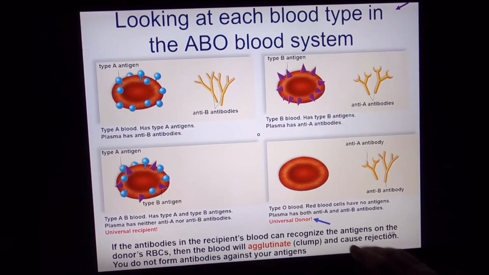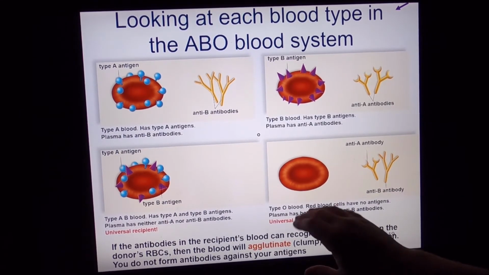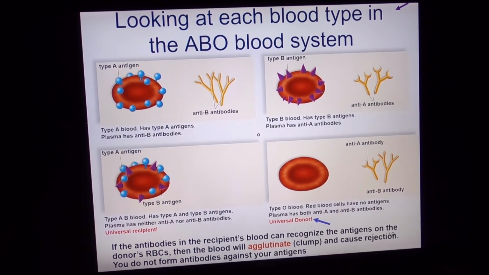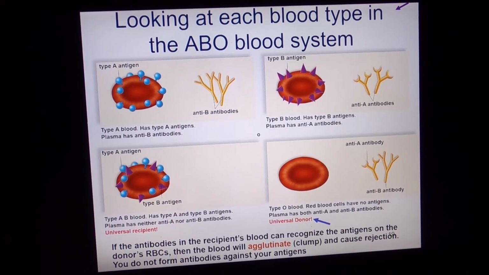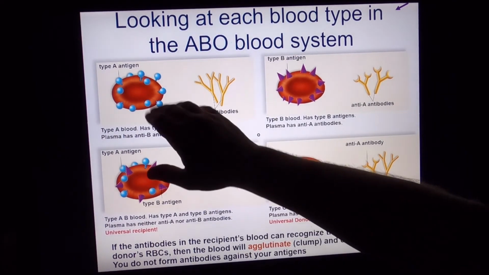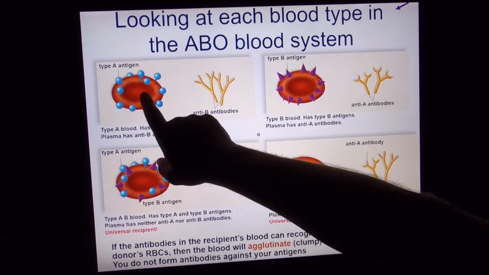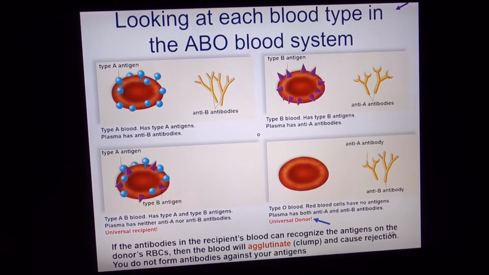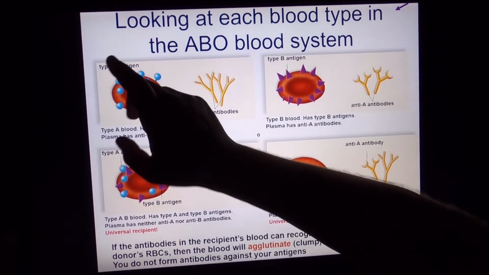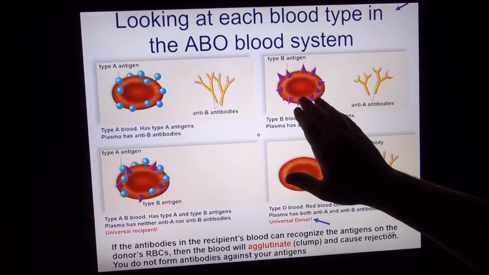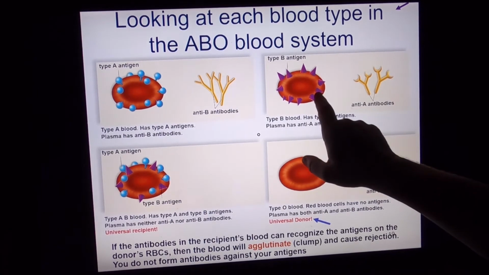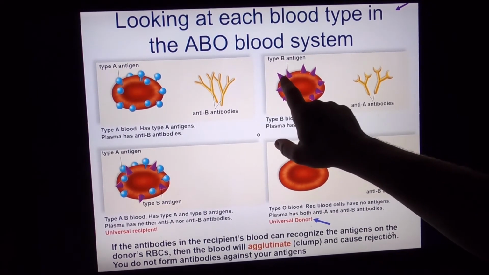However, a person that's type O will have an immune reaction to any other red blood cell type that's put into their system. Now, what the heck am I talking about? Let's jump up to a simple example. A person's type A. That means that their red blood cells have type A antigens on their surface. Well, if they are given type B blood, their immune system will recognize that this is foreign.